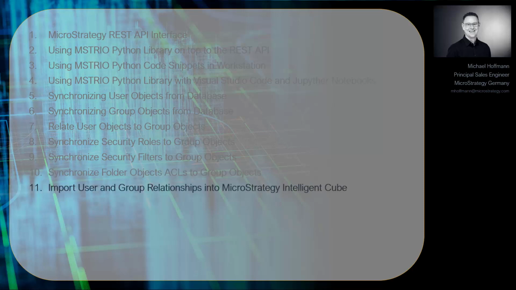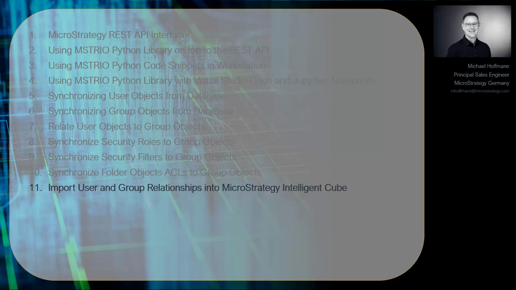Okay. And then I want to show you additionally how you can use the Python library to do something completely different. In this example, on item 11, I will show you how we can read the object model, the semantic graph, in order to extract user and group relationships from the semantic graph into a MicroStrategy intelligent cube.